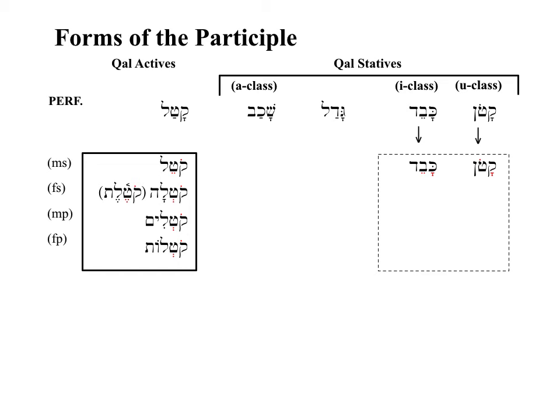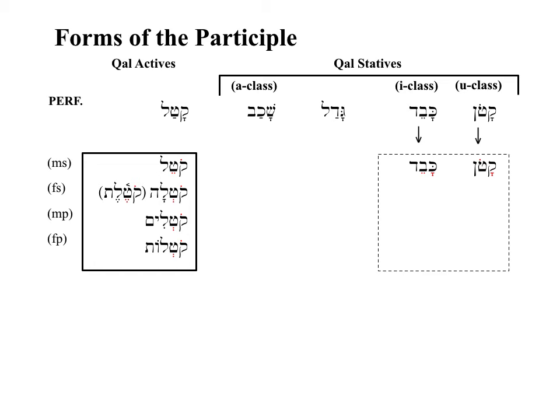Now notice that there's a dashed box around the items here on the right with the I and U class stative verbs. In these participles, the forms of the participle will be identical to the form of the stative perfect.